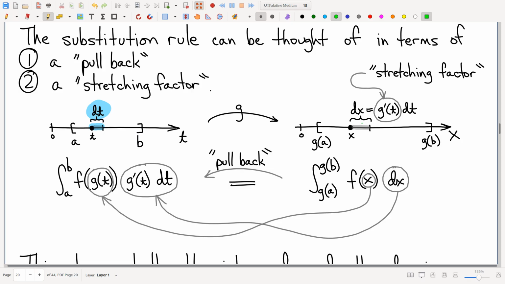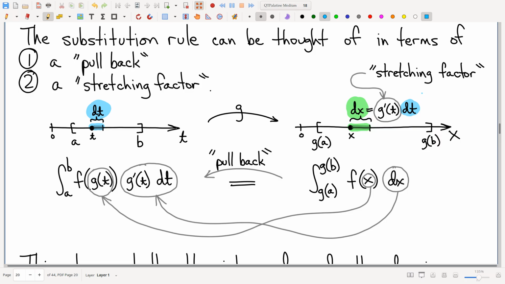I want to think of dx as representing the size of this output subinterval, which I want to view as being a stretching of the input subinterval, right? I mean, there's some factor that you multiply by this size to get that size. And when you multiply size by a factor, I think stretching is a reasonable metaphor, right? Reasonable term. What is that stretching factor?